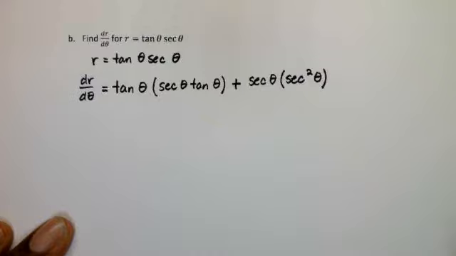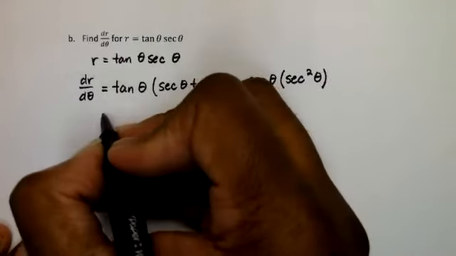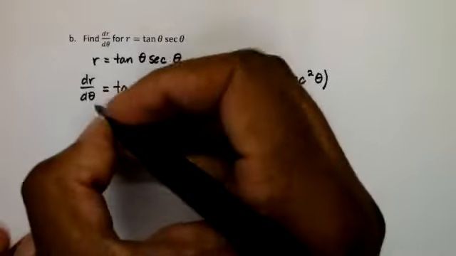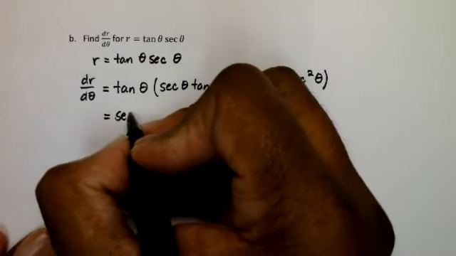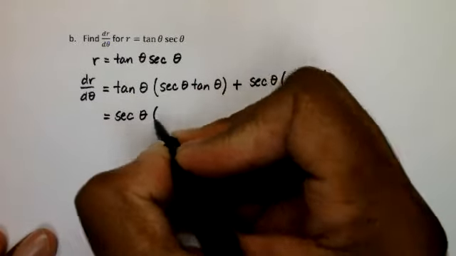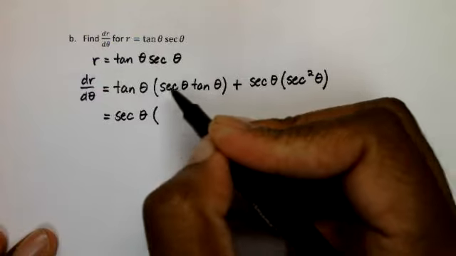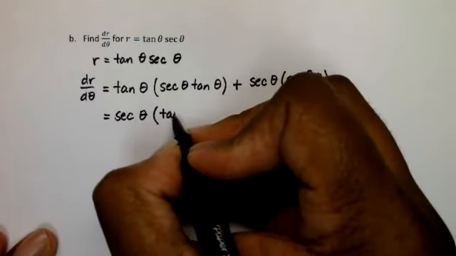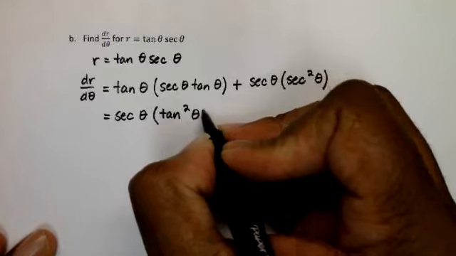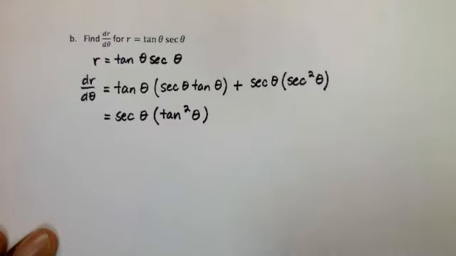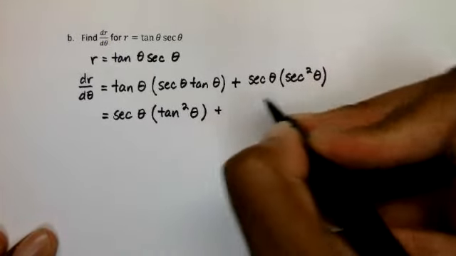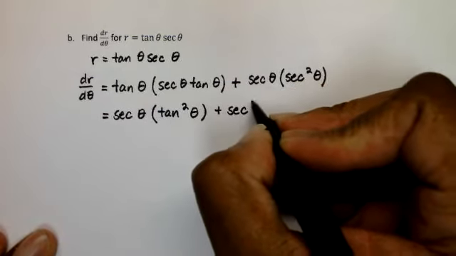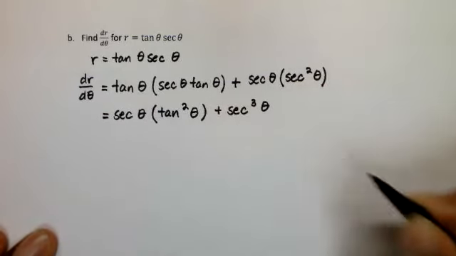And we're going to simplify all of this. Bring down secant of theta times the derivative. Well, tangent theta times tangent theta is tangent squared theta. And then plus secant theta times secant squared theta, the secant cubed of theta.